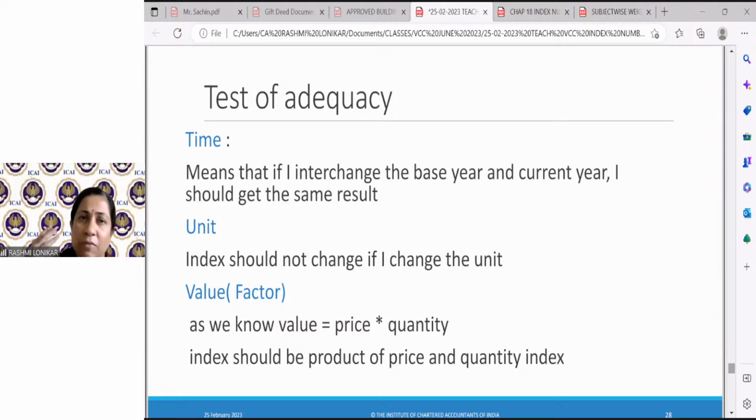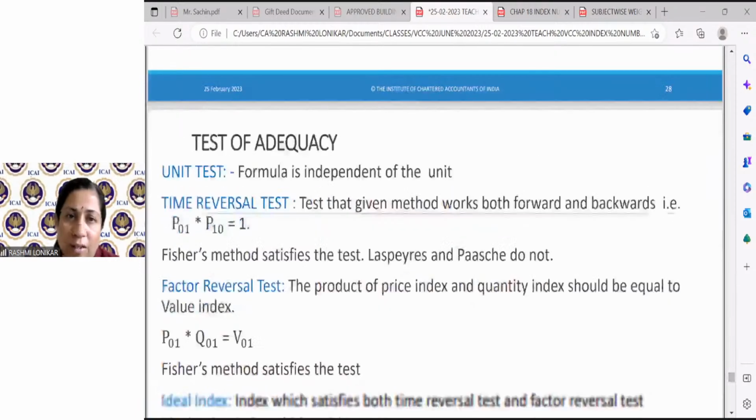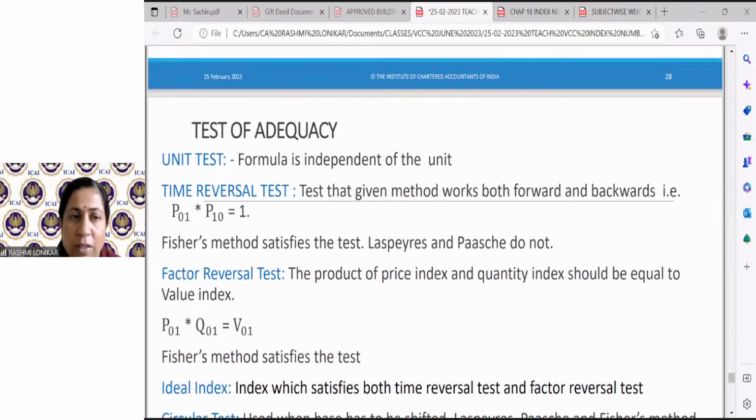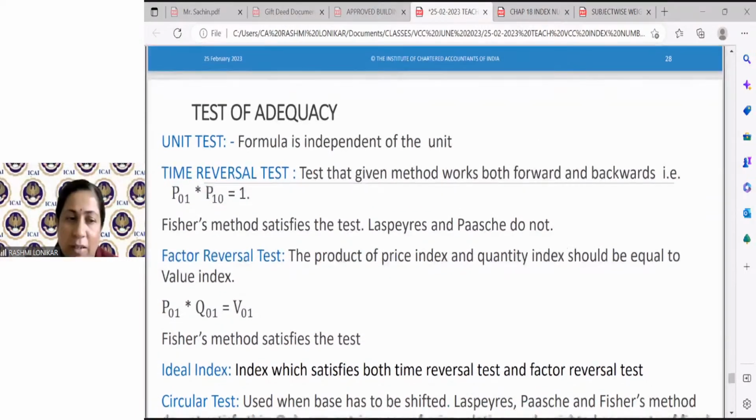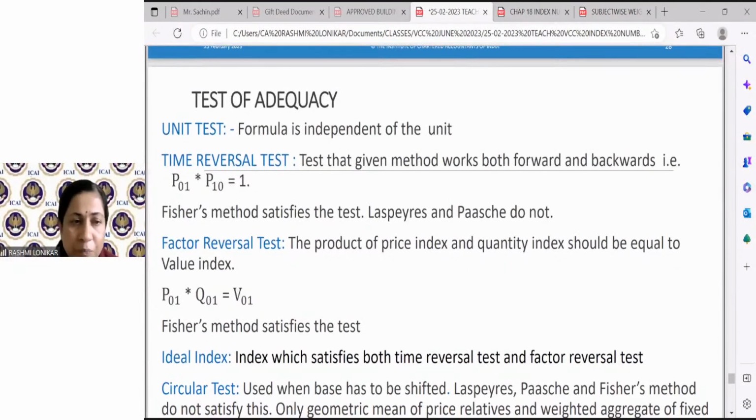So remember that we are testing the adequacy of the different indices for time, for factor, as well as for unit. Okay, and for that we have 4 tests. The 4 tests are unit test, time reversal test, factor test, and circular test.